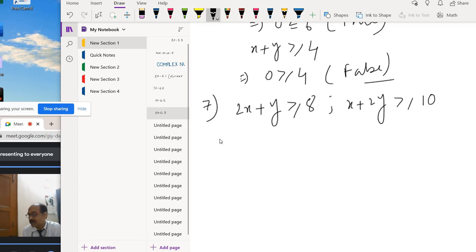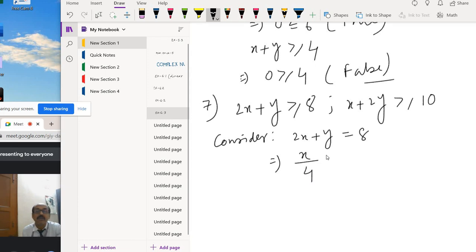Okay, these two equations. Now consider 2x plus y equal to 8. Dividing both sides by 8, 2x by 8 is x by 4, plus y by 8 equals 1. So x by 4 plus y by 8 equal to 1.